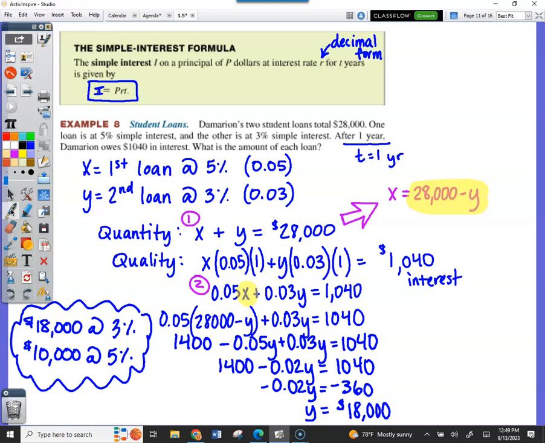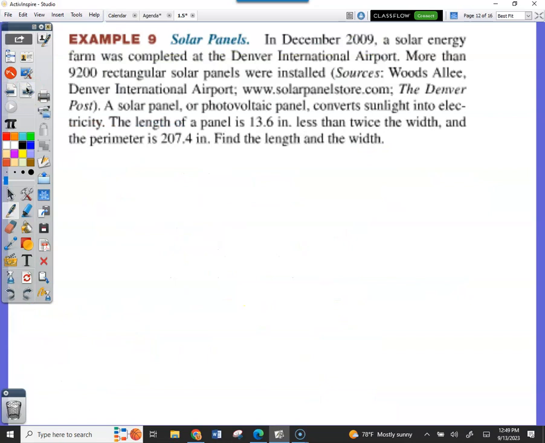All right, let's look at the next one. Solar panels. I'm going to let you read it. I don't want to read it. You read it, then mark out what's not necessary.